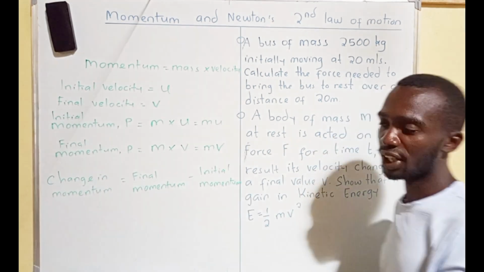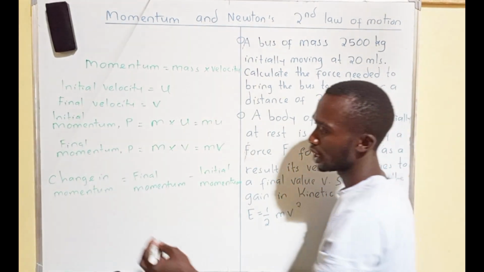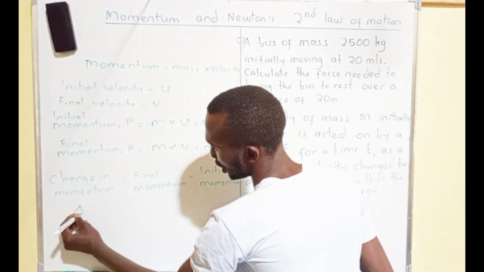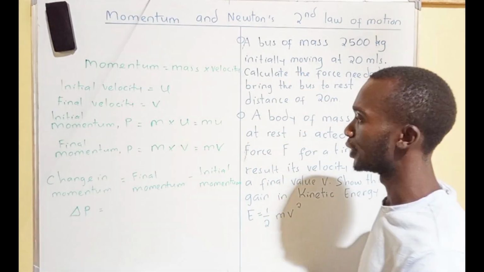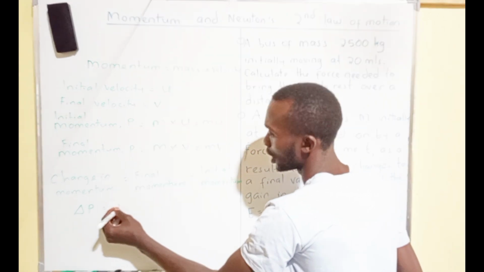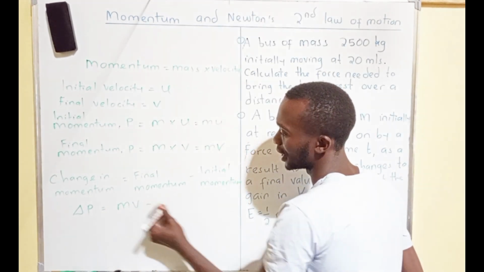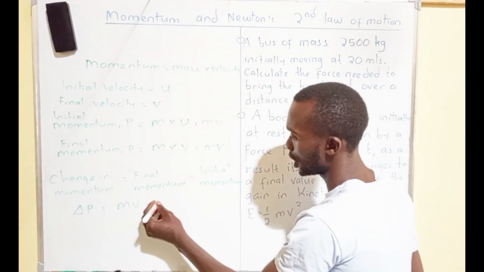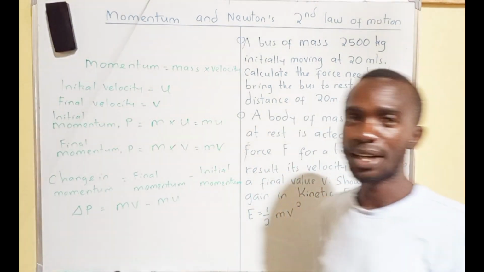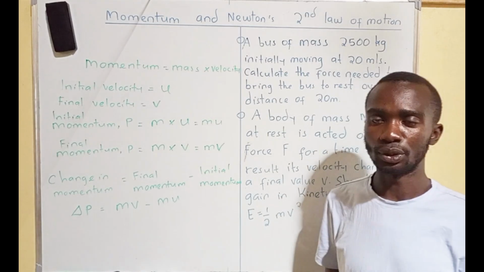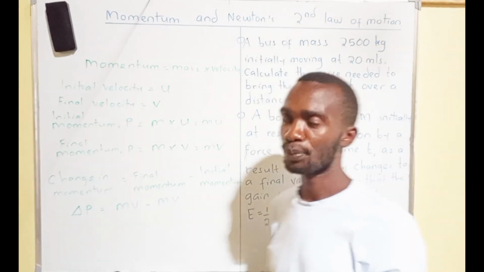We can write the change in P as equal to the final momentum, mv, minus the initial momentum of this given body, mu. So you take mv minus mu, that gives you the change in momentum.